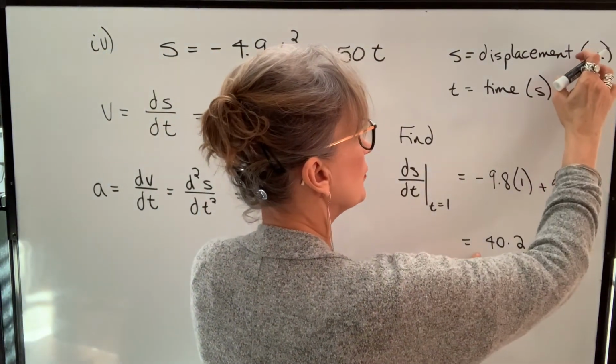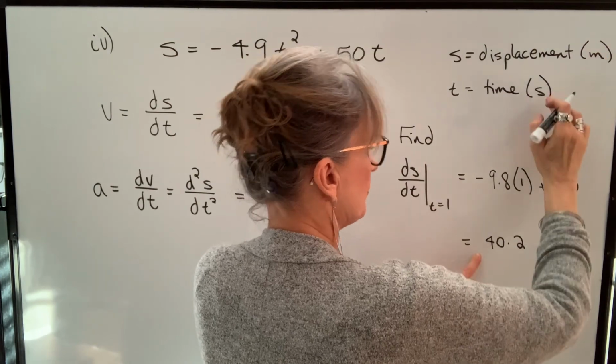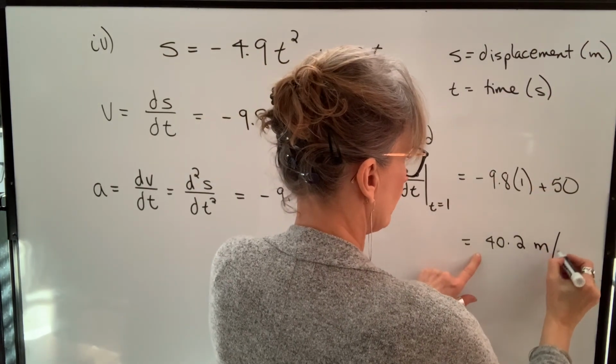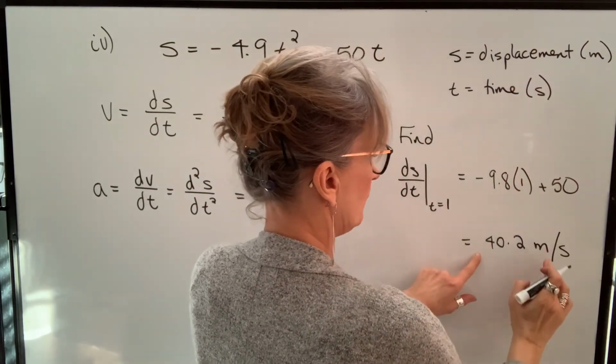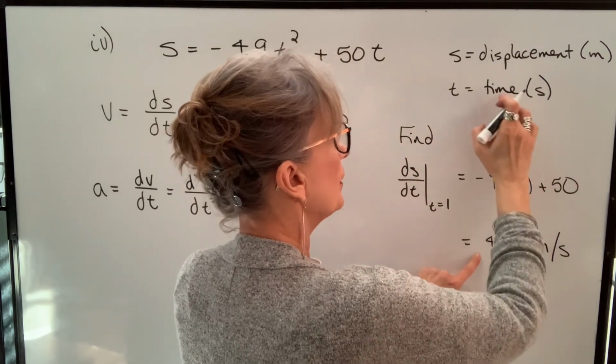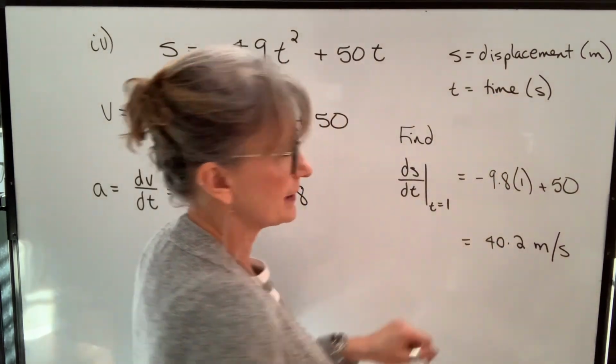So we're talking about a velocity measured in meters per second. So it's the rate of change of displacement, which is measured in meters, per time, which is measured in seconds.